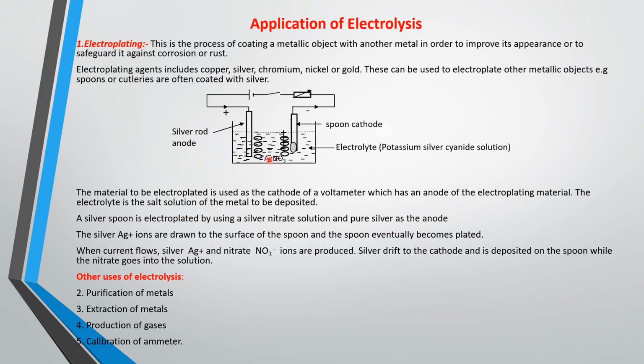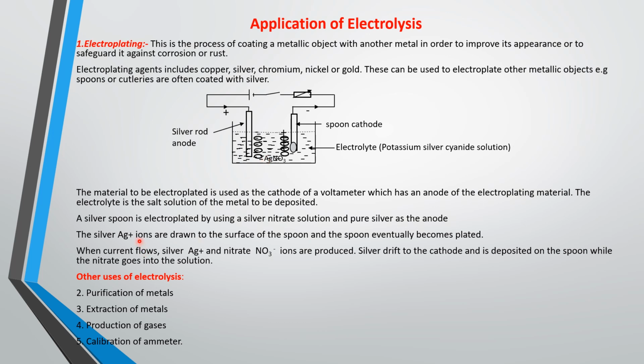Now you want to deposit silver. So in this particular case, your electrolyte is silver nitrate, which is a source solution of silver. Since you want to deposit silver on the spoon, you use a source solution of silver.